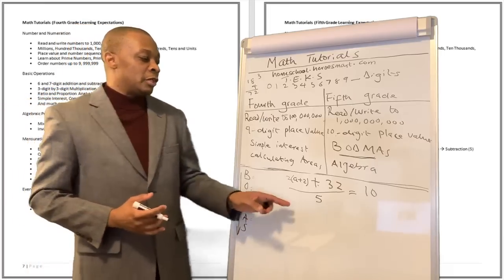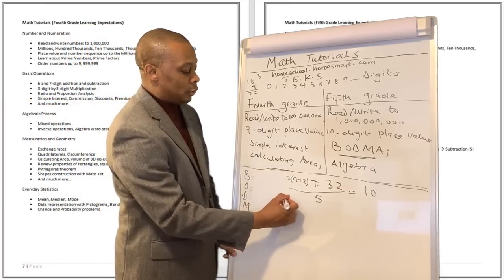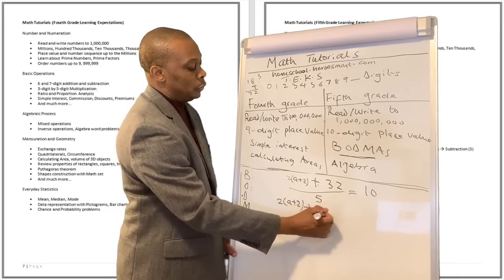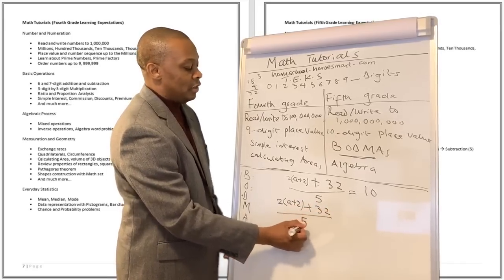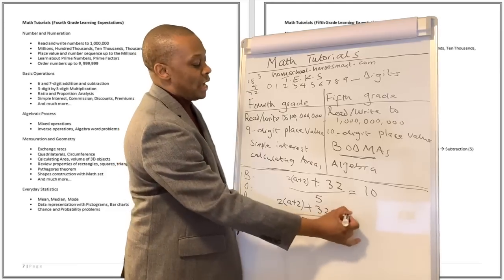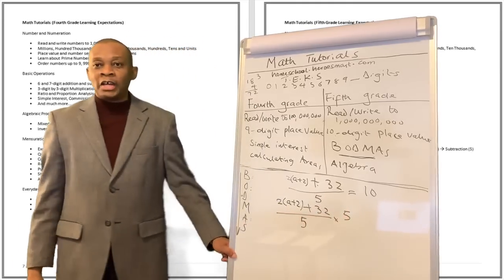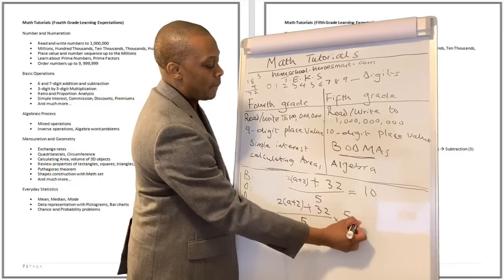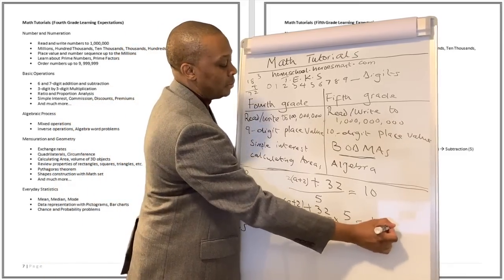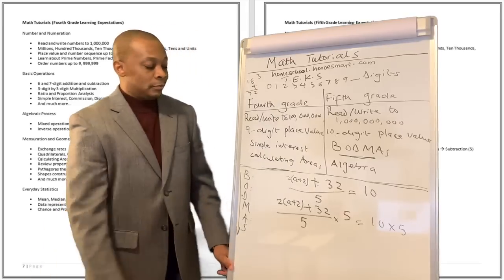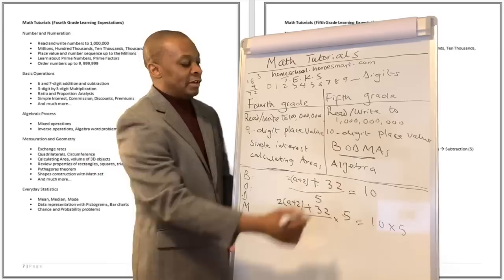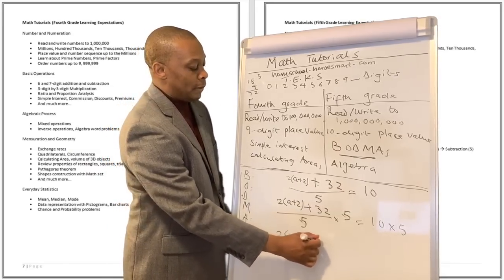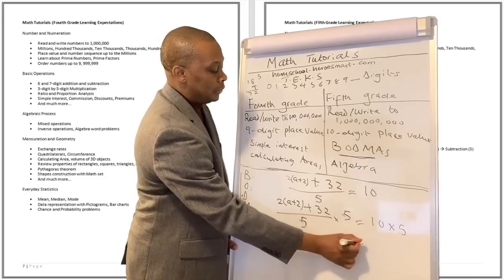So the first thing you're going to do is multiply both sides by 5, because the inverse of division by 5 is multiplying by 5. Okay? So I can get rid of this 5 to start with. So that's going to be 2a plus 2 plus 32 equals 50.